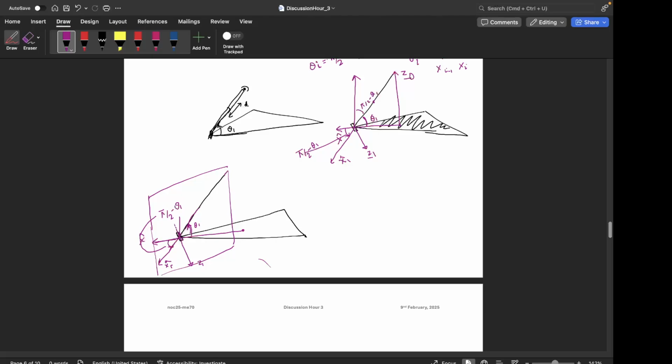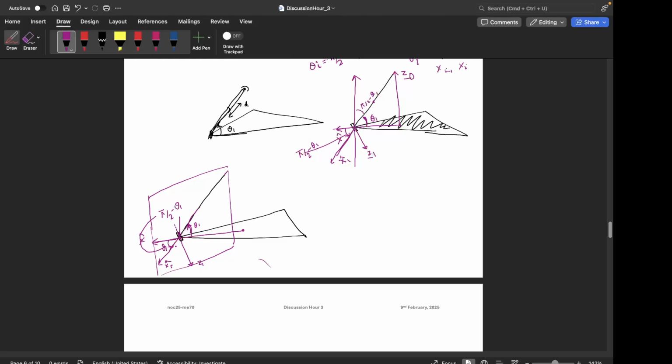Wait, did I... No, I think I marked the wrong angle here, because this is theta 1. If I extend it like this, it would be the opposite angle of theta 1 itself. So this would be theta 1 itself.